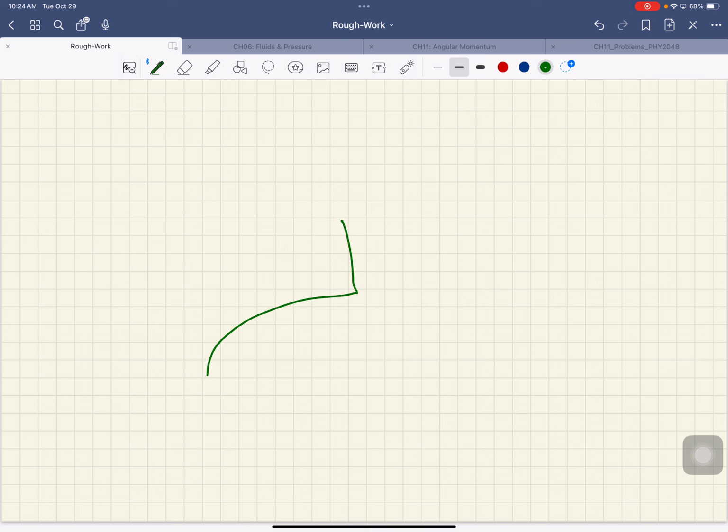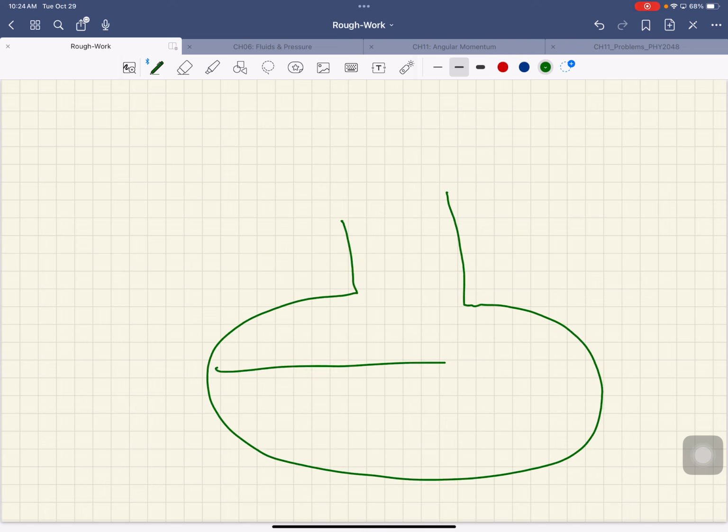So here's the perfume bottle. There's perfume. We'll put a tube in there. There's atmospheric pressure. So what you're doing is blowing air across this tube.